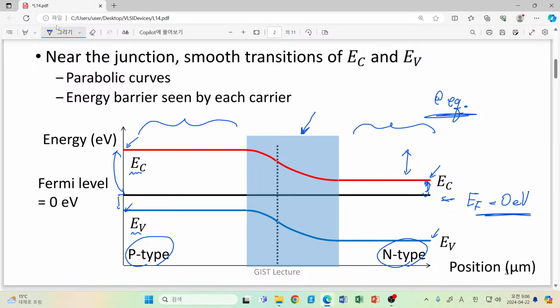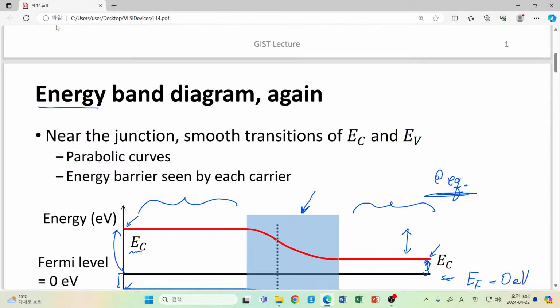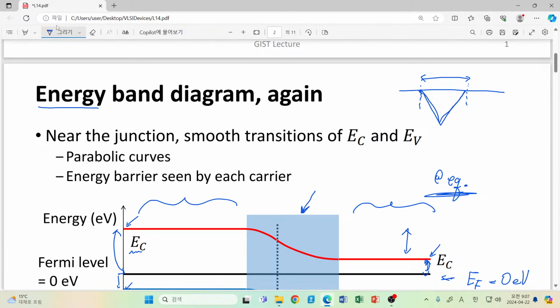In the depletion approximation, your field strength is given in this triangular shape, because from the starting point of our depletion region to the end point of this depletion region, we have a constant net charge density. Therefore here we have a linearly increasing electric field and a linearly decreasing electric field. This is the magnitude of electric field.